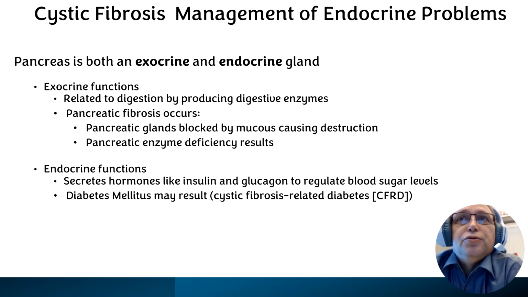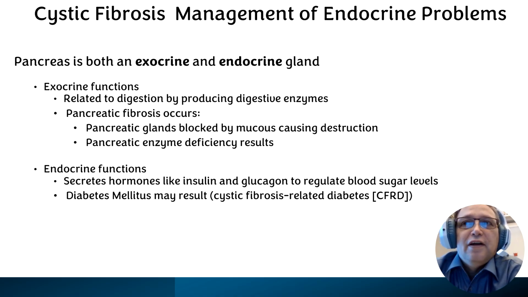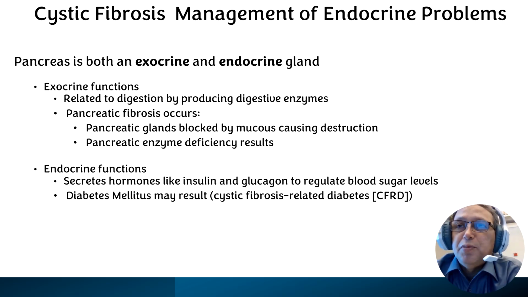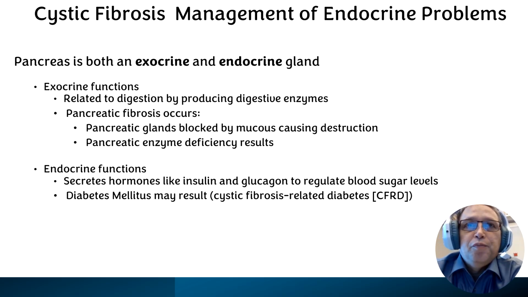So cystic fibrosis is both exocrine and endocrine. You may see this on a question. As far as exocrine, it's related to digestion by producing digestive enzymes. And when you have pancreatic fibrosis, these glands are blocked and the enzymes are not released, which makes digestion very difficult.